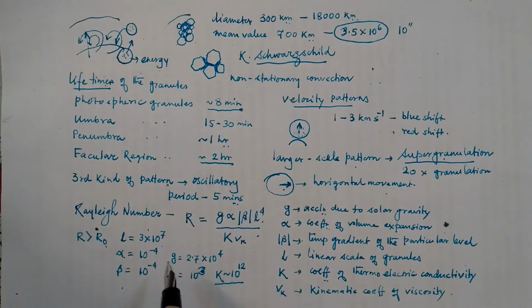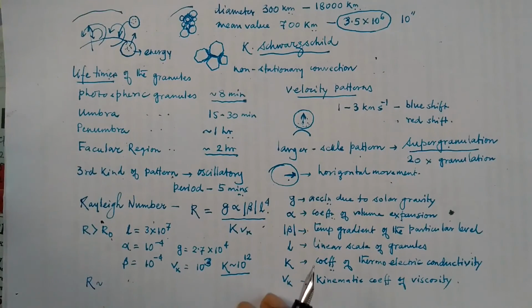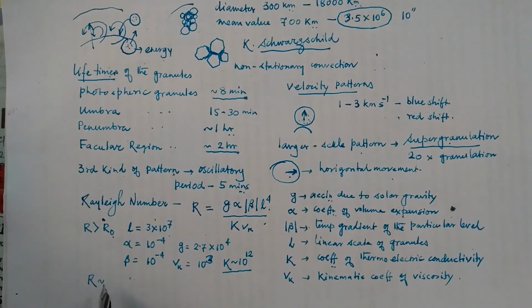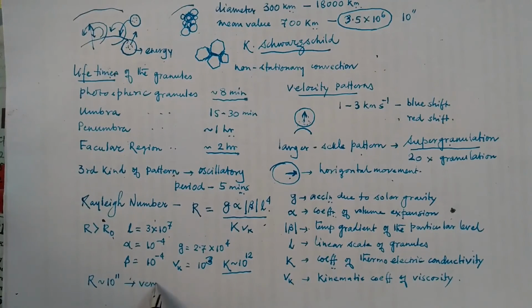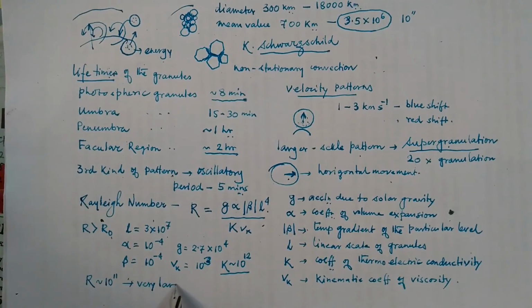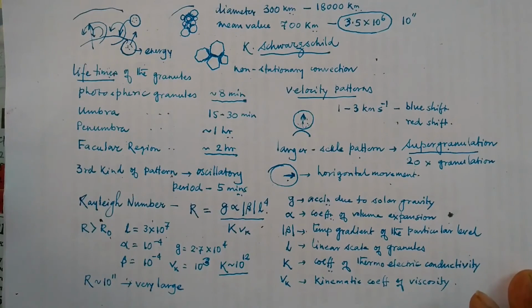Now when we substitute these values in R, we get R about 10 to the power 11, which is very large. And why is the Rayleigh number so large?